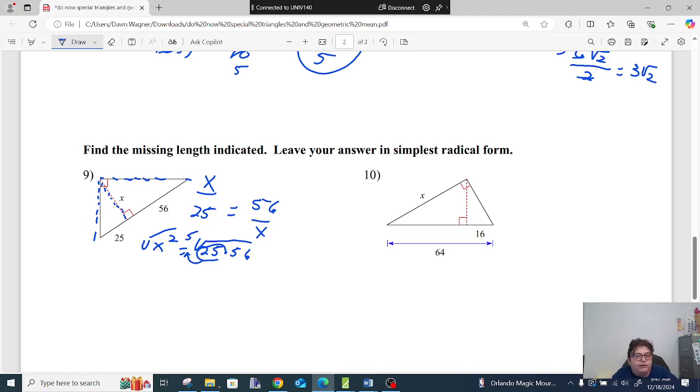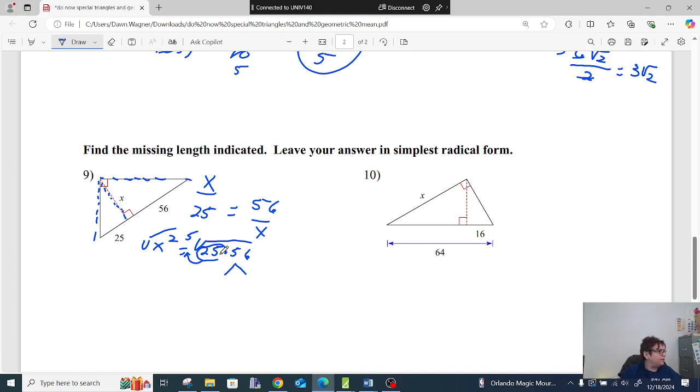Now, square root of 56. What is a perfect square? If you have your factor chart, look at 56. What's the largest perfect square that can go into 56? Can 16 go into 56? No. Can 4 go into 56? Yes.